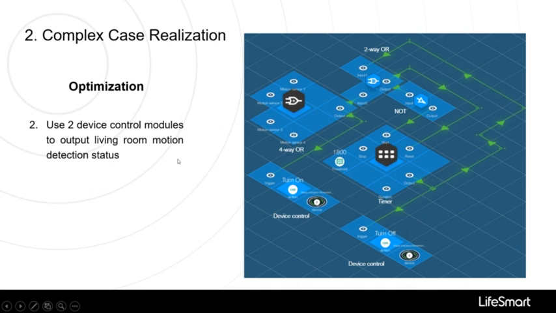Okay, after we have enabled the status indicator, we can make some modifications to our existing AI. We take the output of the 4-way OR operator and put it to a device control, set the command to turn on, and set the device to status indicator 1. We turn on the status indicator to refer to there being someone in the living room.